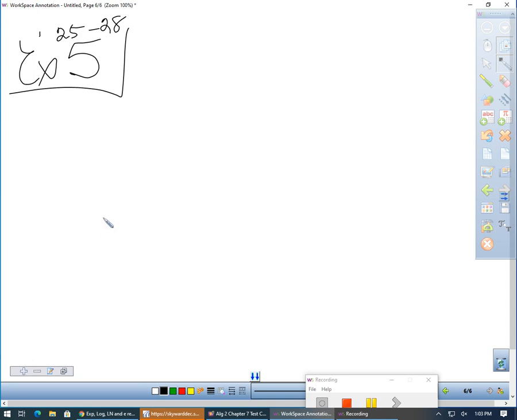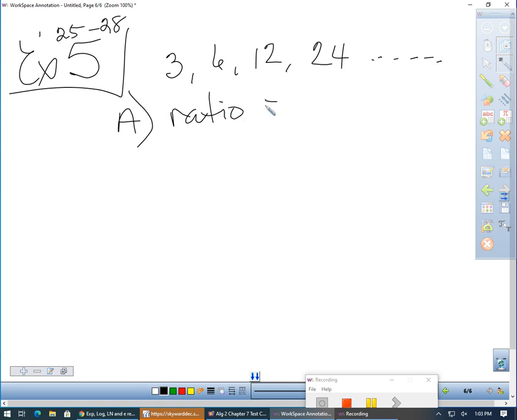In this one, let's say I give you 3, 6, 12, 24. This time we're multiplying by something each time. So part A, what is our ratio? What are we multiplying by each time? 2. Awesome.